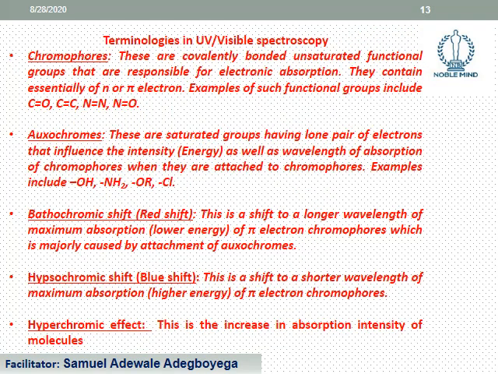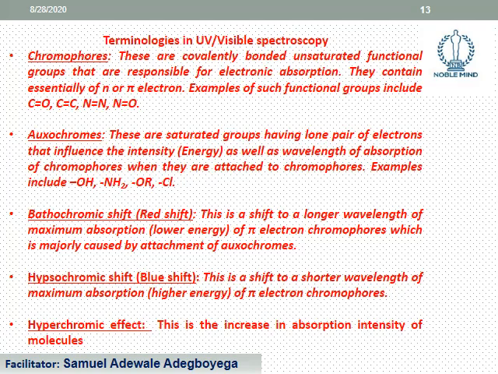Let's go to terminologies that are used in UV visible spectroscopy, which are important terminologies that you should take note of. We have chromophores. They are covalently bonded unsaturated functional groups. They are the ones that are responsible for electronic absorption. They contain essentially non-bonding electrons or pi electrons, and we give examples of such compounds.